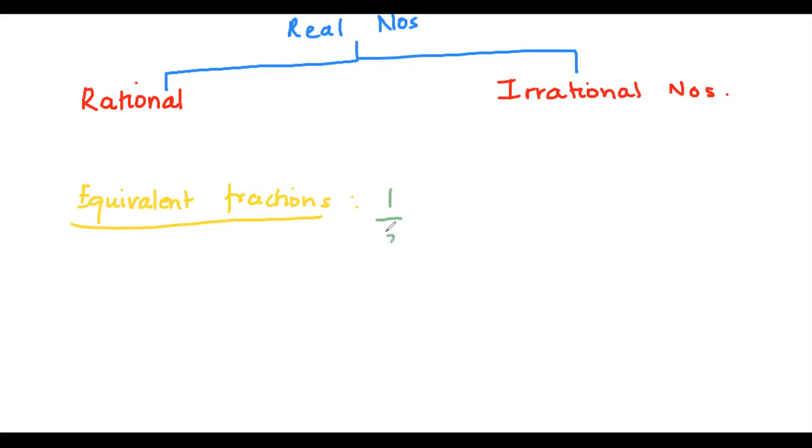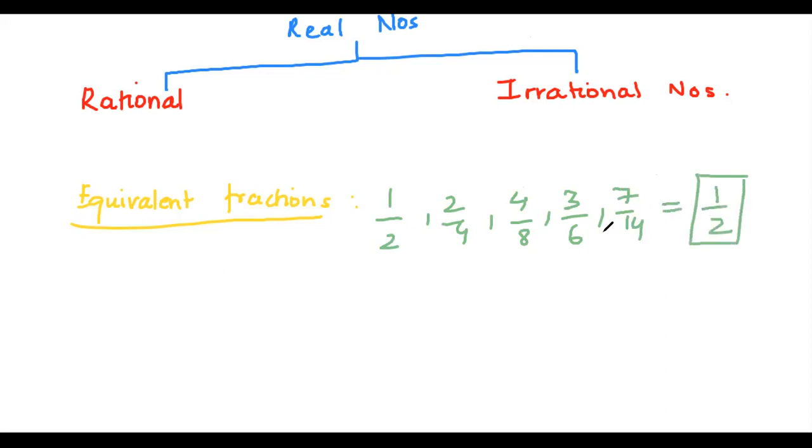Like you gave the example 1 by 2 and 2 by 4. You could also take 4 by 8, 3 by 6, or 7 by 14. All these fractions eventually come down to 1 by 2. These are called equivalent fractions.